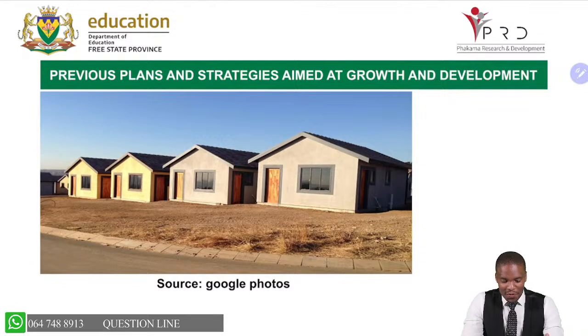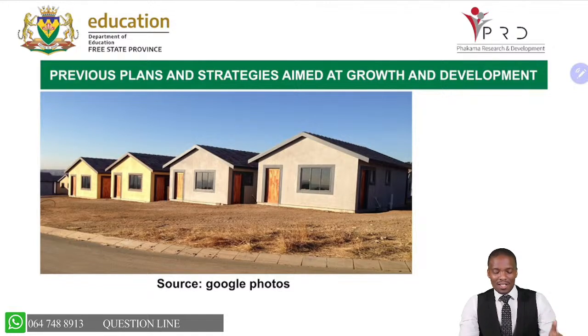Okay, so here's a picture. Now we are looking at policies, or South Africa's approach in terms of economic growth and development. So we are looking at a very interesting picture here. And I know that someone is already thinking, okay, what is this?